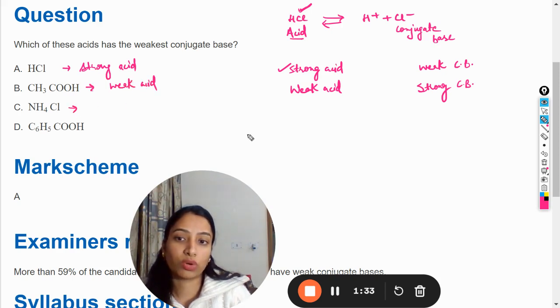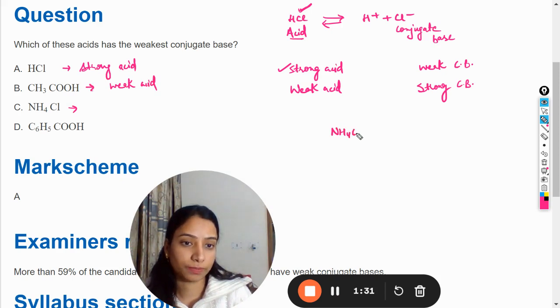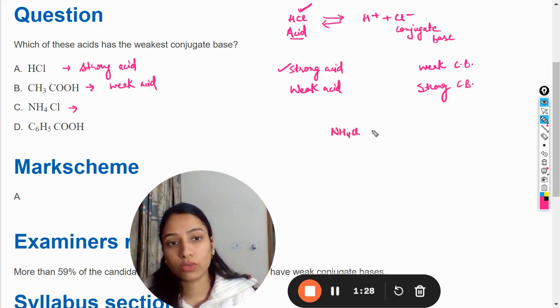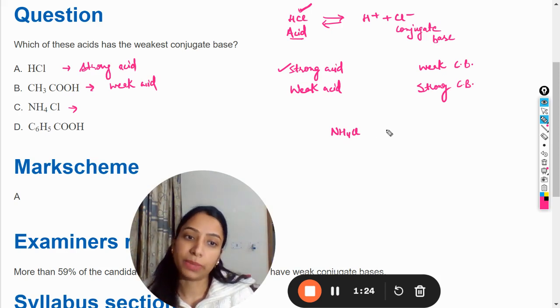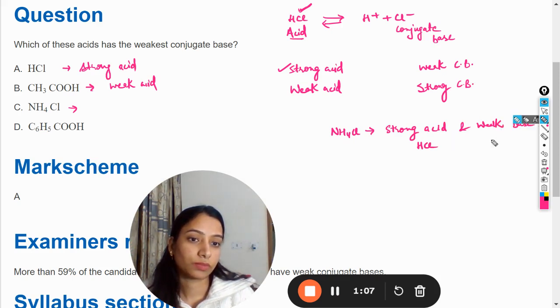And this is ammonium chloride. Ammonium chloride is a salt. First of all, a salt can be neutral, slightly acidic or slightly basic. But here we will see that this is a salt of a strong acid and a weak base, that is ammonia.